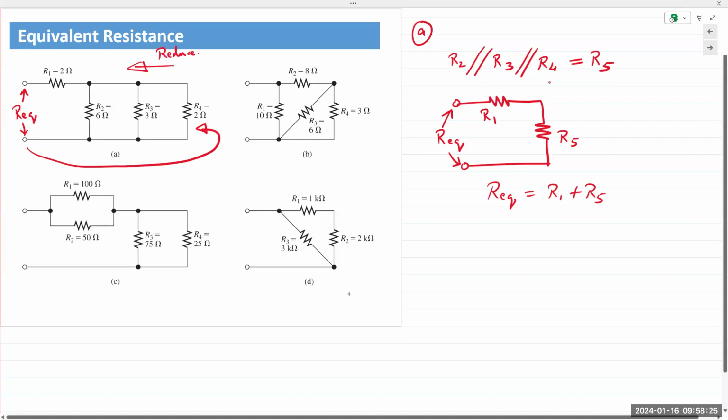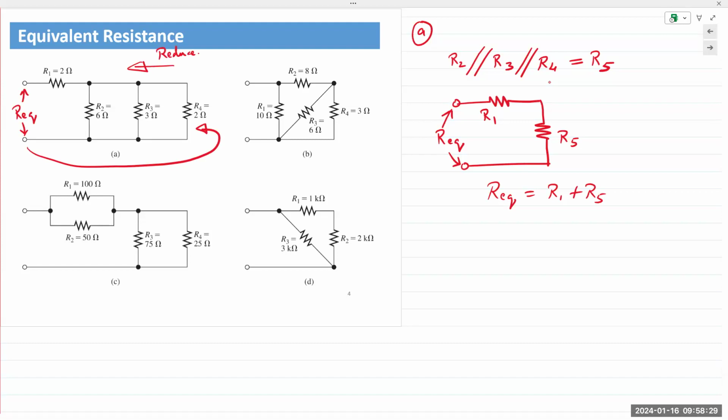Reduce in that direction. Do not start from the terminals itself. If you look at the circuit from the terminal itself, you might think that R1 and R2 would be in series. But at this junction point, you have 3 connections, so there's no way it could be in series. So always start at the farthest end and then move towards the terminals, reducing it step by step.